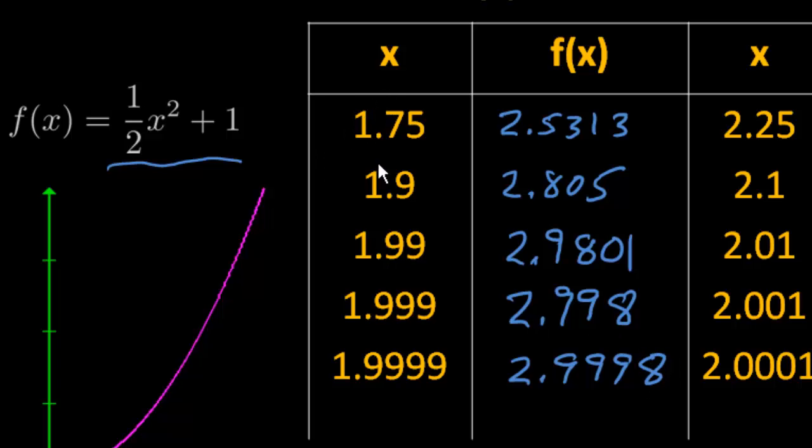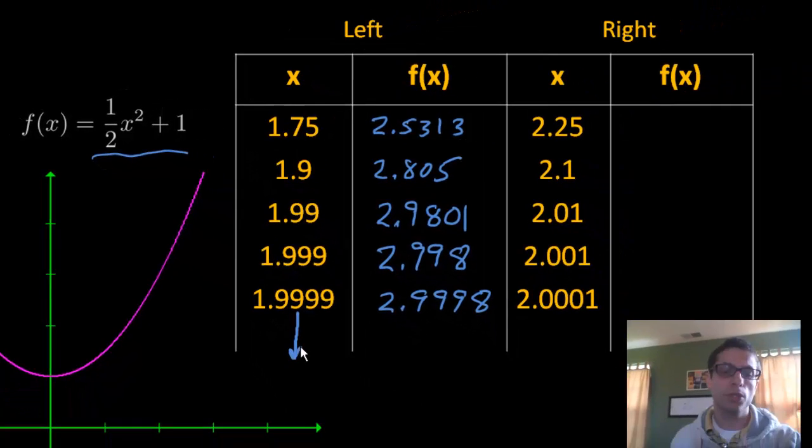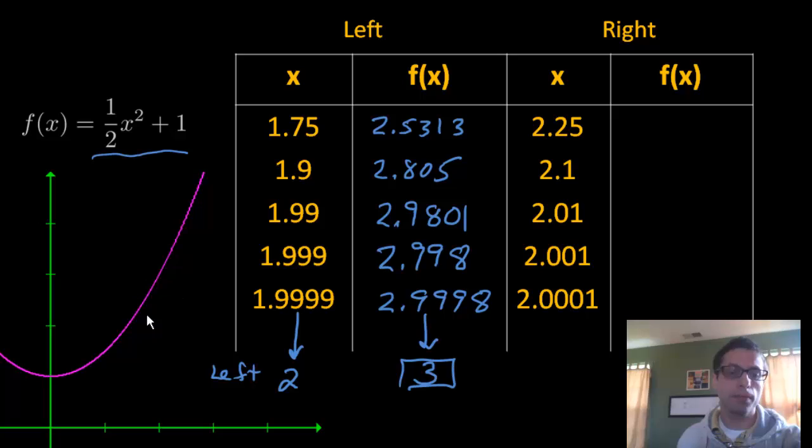So notice that as x is getting closer and closer to 2, and this is from the left, the y values are getting really, really close to 3, which is what we expect from looking at the graph. When x is getting close to 2, you can see that the y values are getting close to 3.